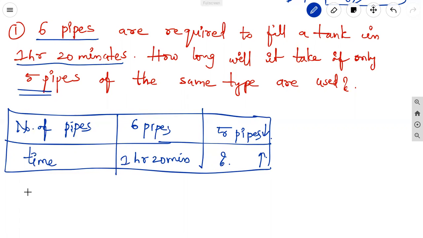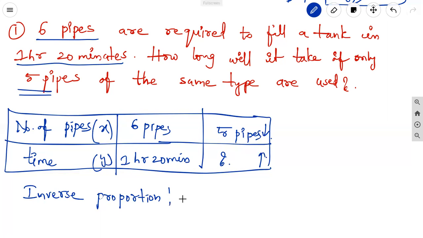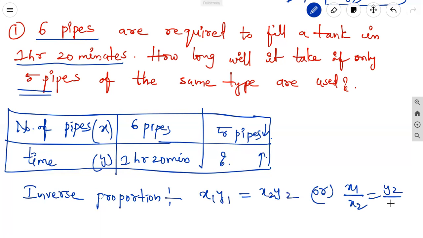If the pipes are fewer, the time taken is more. So in this case, we use inverse proportion. What is the relation of inverse proportion? Here the number of pipes is the x variable and time is the y variable. The relation is x1 y1 equals x2 y2, or x1 by x2 equals y2 by y1.